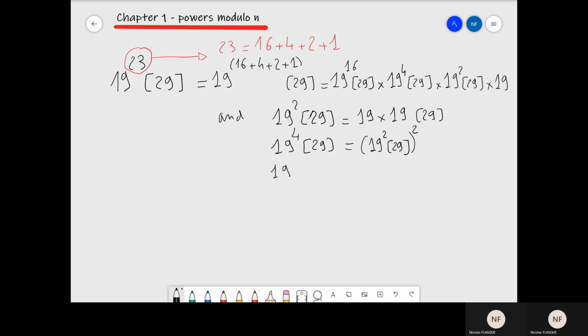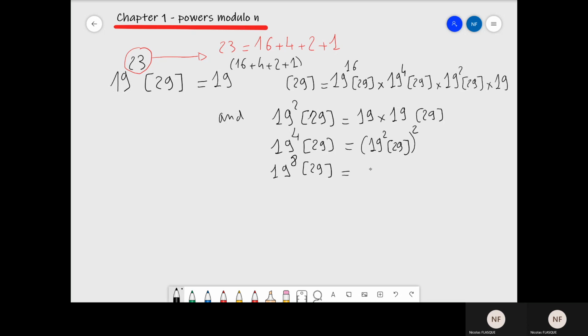And if we go on, actually, we also have to compute 19 to the power of 8, even if 8 is not a power that appears in 23, because we will need 19 to the power of 8 to calculate efficiently 19 to the power of 16. So during these steps, we will compute all the powers of 19, powers which are themselves powers of 2, and we will only use those we need for the final calculation.